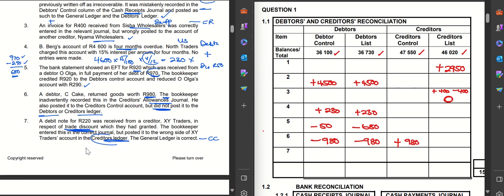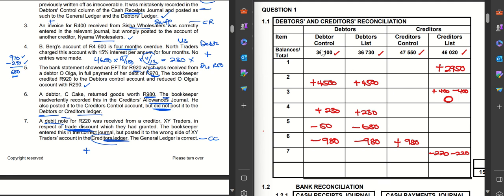The wrong side means we went to say plus, yet a debit note must have been recorded as a minus. So we come here, then we record it as minus 220 to cancel or to correct the error. Then we say again minus 220 to record this debit note. So we record the 220 twice. Someone would have just said minus 440. That would have been very correct.